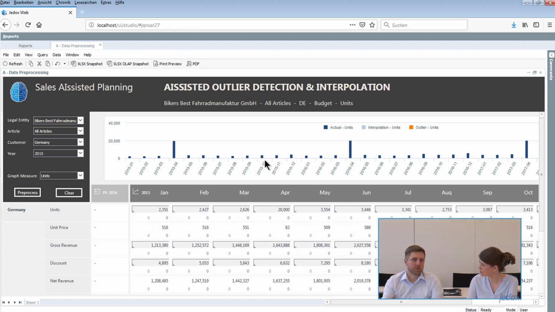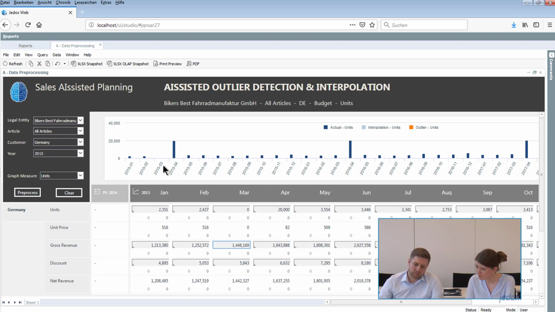So not just put the last value here or put a 10 or whatever. Put something there which is more, let's say, sophisticated, which has a connection to all the other values. So what we will do is we will delete this value here. So we have a gap.